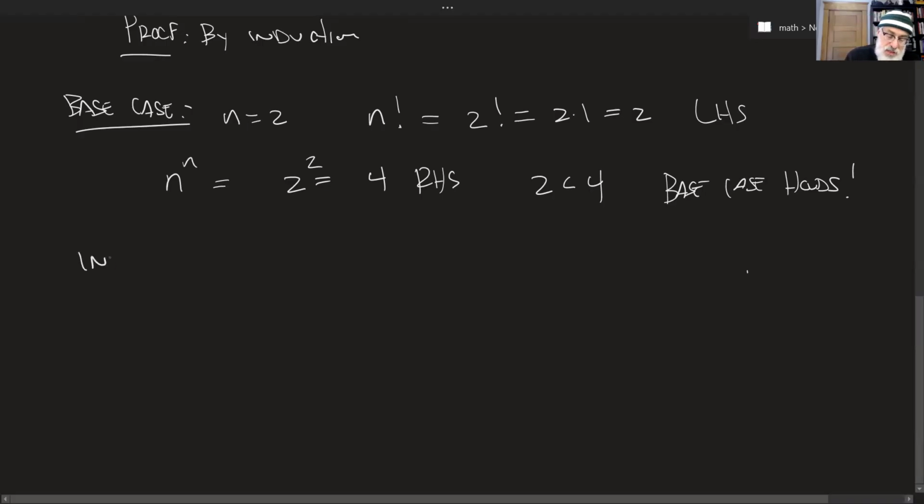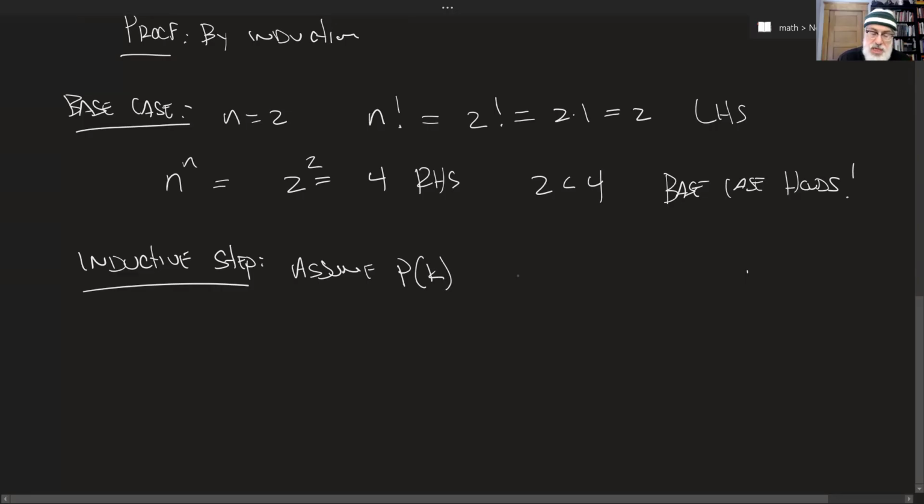So the inductive step, we're going to assume P(k), meaning the statement is true up until some integer k. And our statement here, we're going to replace n with k.